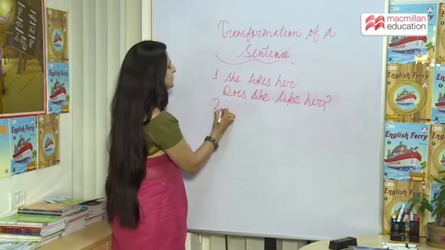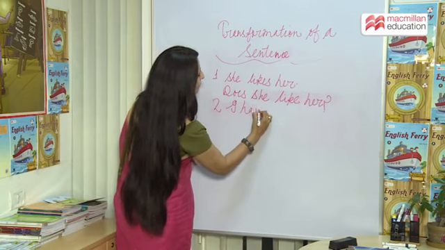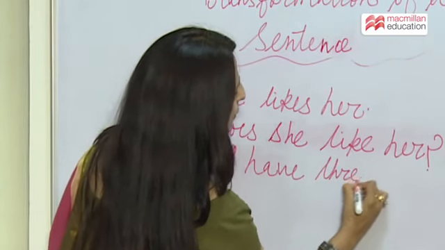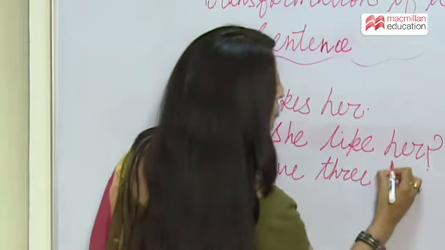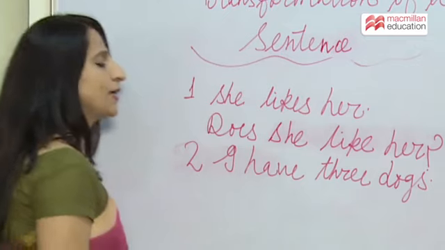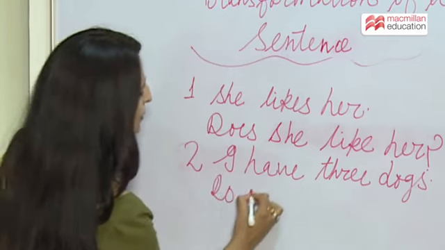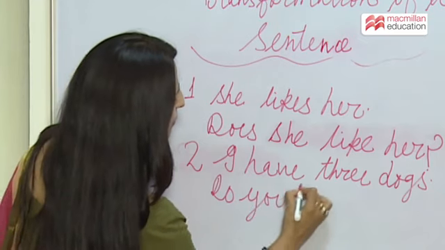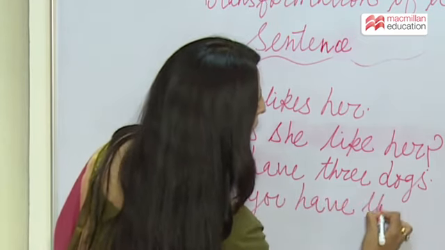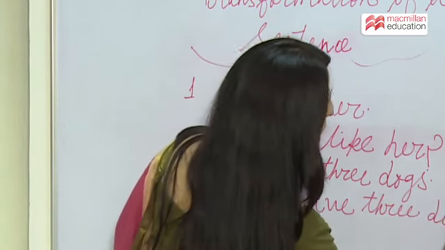Now the second sentence is, I have 3 dogs. And if we need to change this statement into a question, we will write, do you have 3 dogs?